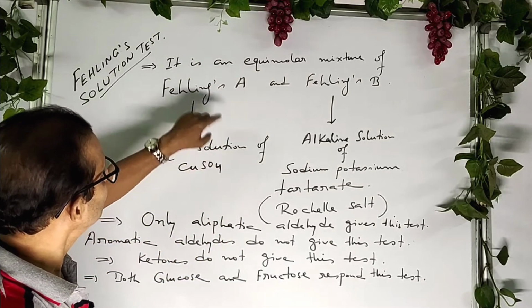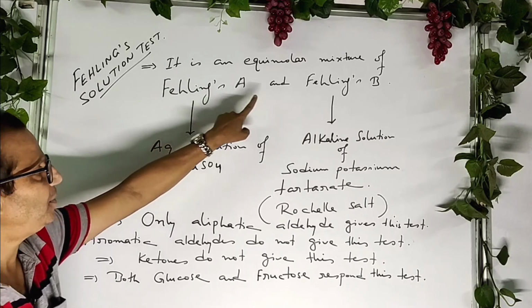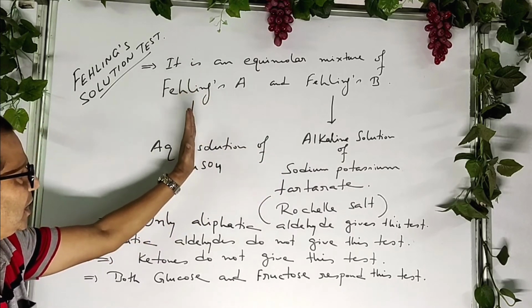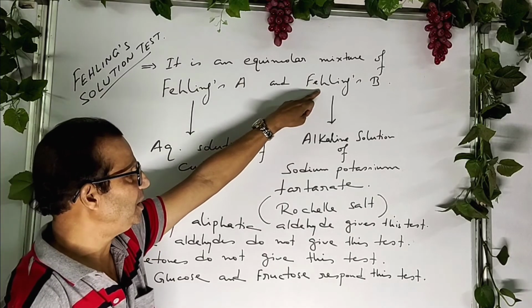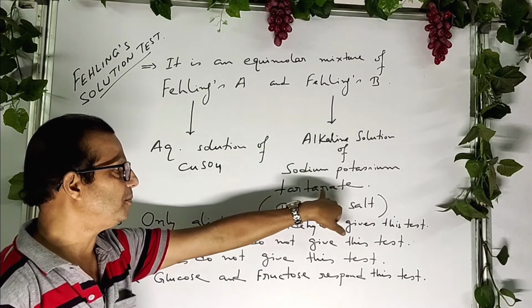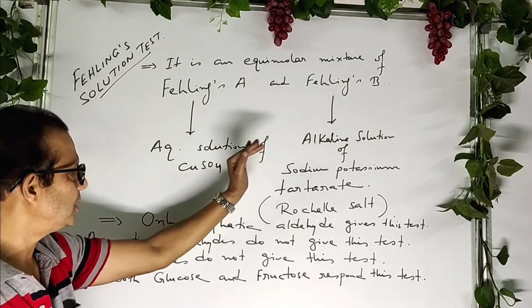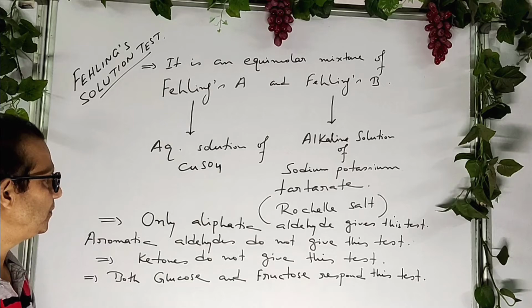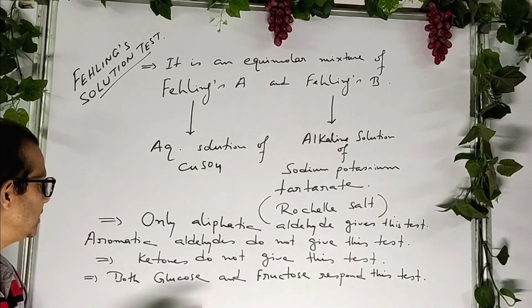So once again, Fehling solution is an equimolar mixture of Fehling's A and Fehling's B. Fehling's A is aqueous solution of copper sulfate and Fehling's B is alkaline solution of sodium potassium tartrate, that is Rochelle salt. Whenever you mix it, you get the Fehling solution. Only aliphatic aldehyde gives Fehling solution test.